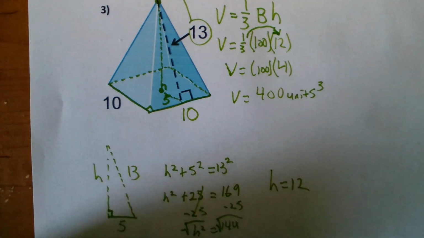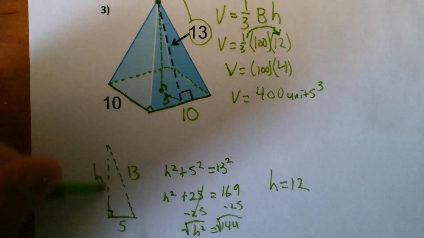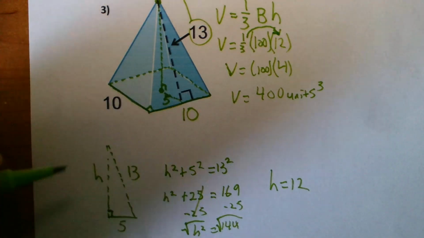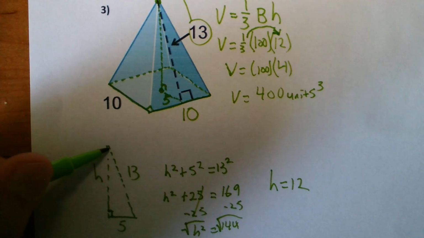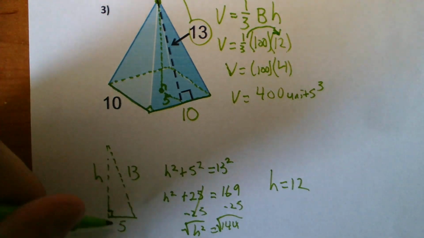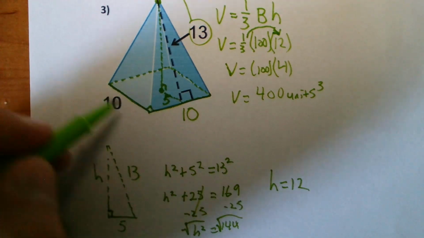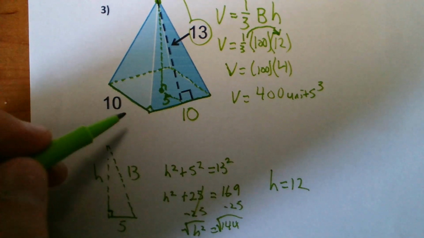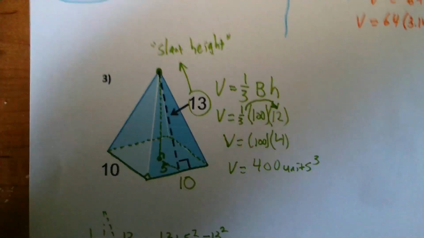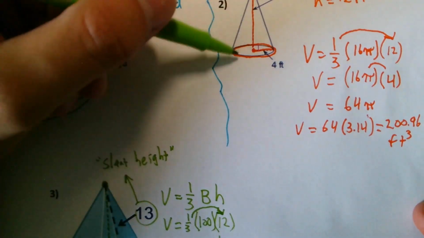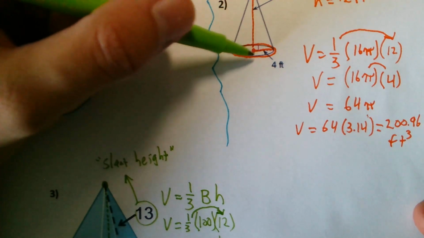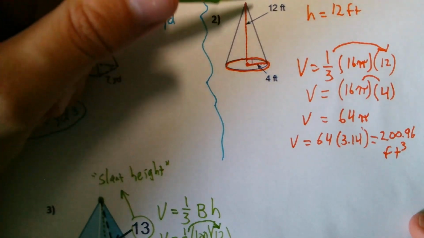As a bonus, this length will always be the height of your pyramid or cone. This length will always be the slant height of your pyramid or cone. And this length will either be half of the base on a square or rectangular pyramid like that, or on a cone, that length would be the radius of the circle. See the same right triangle thing happening here.